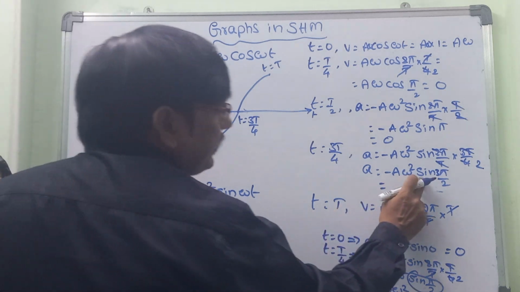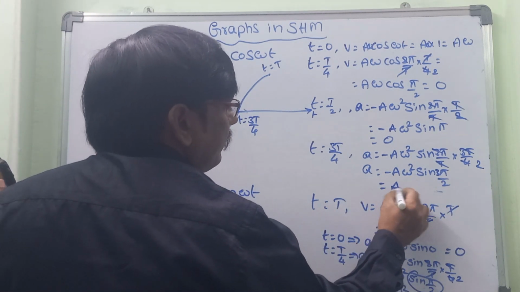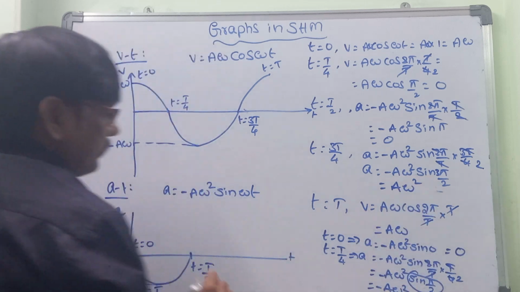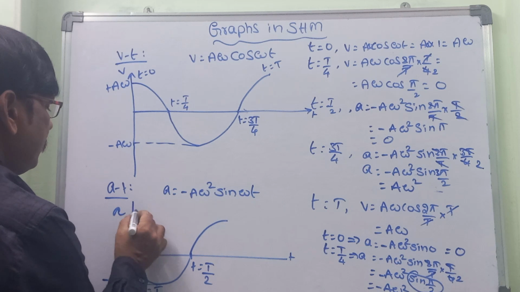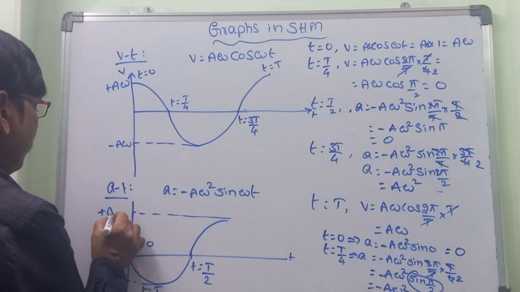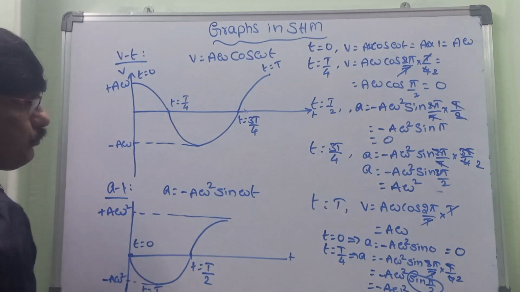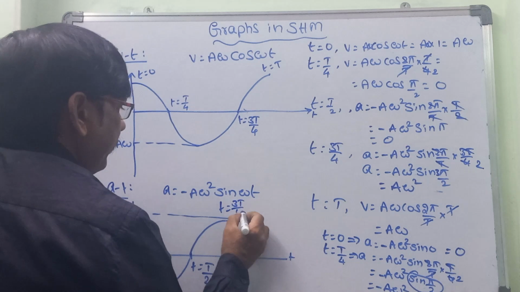So sin 3 pi by 2 is equal to minus 1, so we will get plus a omega square. So the particle starts moving this side. So here, on this side, we will get plus a omega square. So this is at t is equal to 3T by 4.